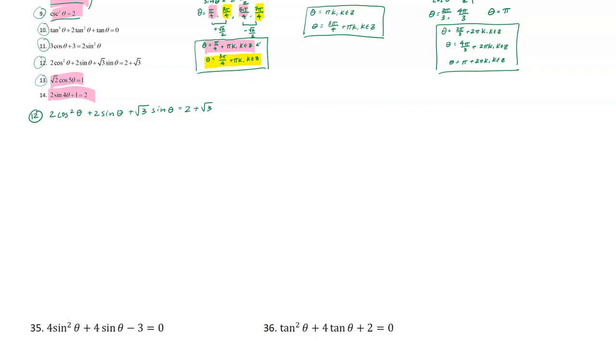Well, first I'm going to move the 2 terms on the left-hand side, the 2 terms right here, and move them to the right-hand side, and move the right-hand side to the left-hand side. I already know that cosine squared theta is going to become a problem, so I probably have to use my basic identity and change it. Minus 2 minus square root of 3. Okay. So let's see.